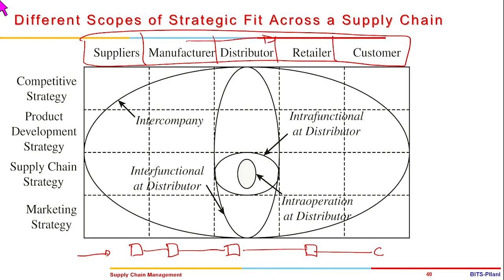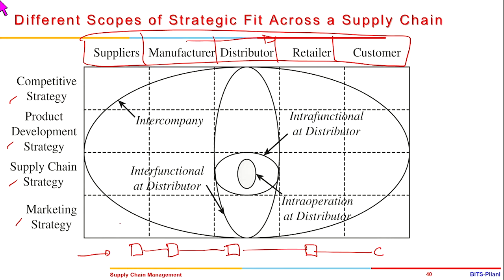Goods are moving largely in this direction, and each one of these entities may have their own competitive strategy, and apart from that, they can also have their own functional strategies like product development strategy, supply chain strategy, and marketing strategy.